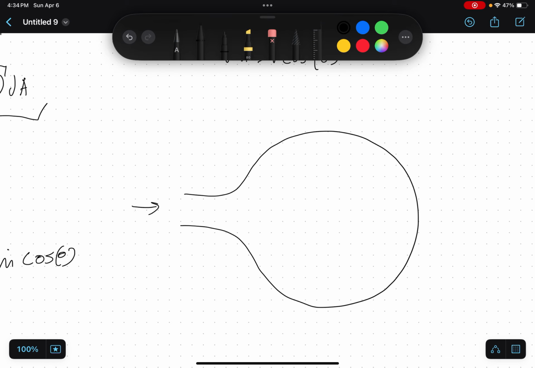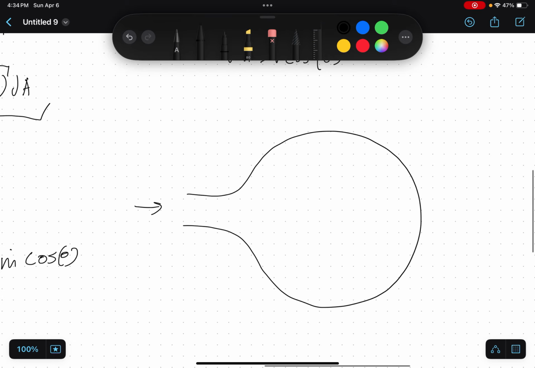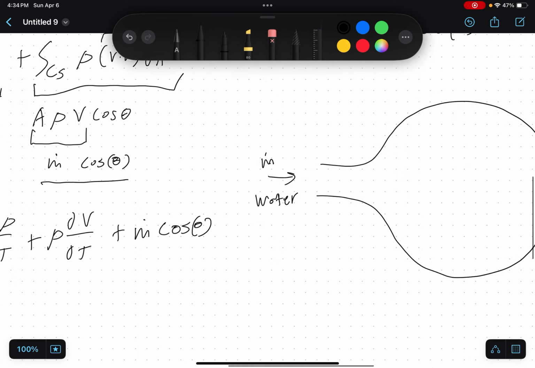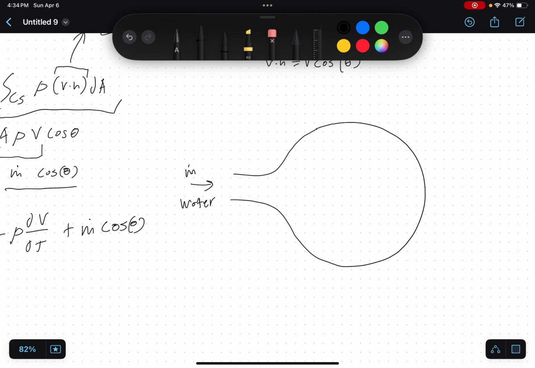Let's not even say that, because I don't want to use air, because air is compressible. Let's say someone's blowing into it with an m dot and it's water. So it's incompressible, which is nice, and you'll see why in a second. And our control volume is the whole balloon. And it'll grow over time because the balloon expands.